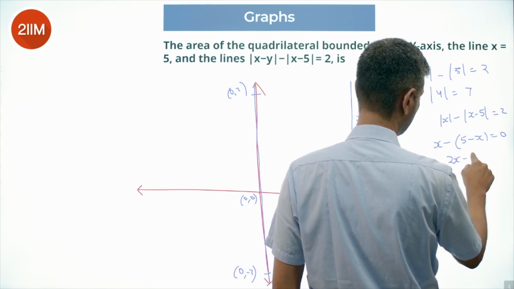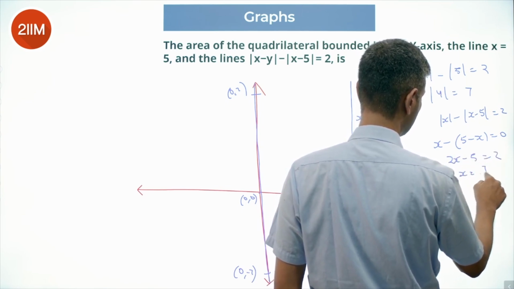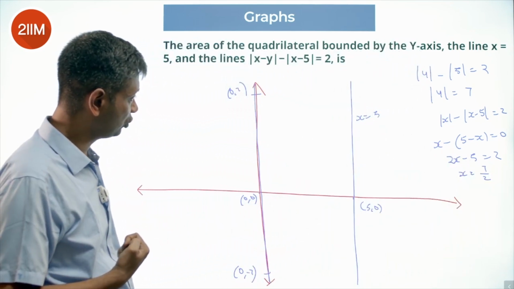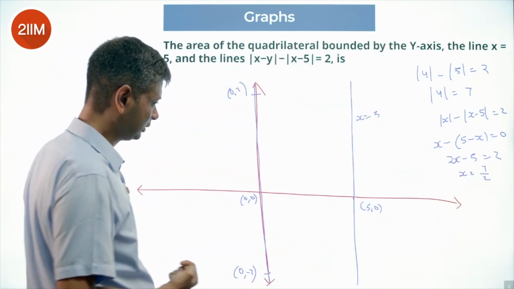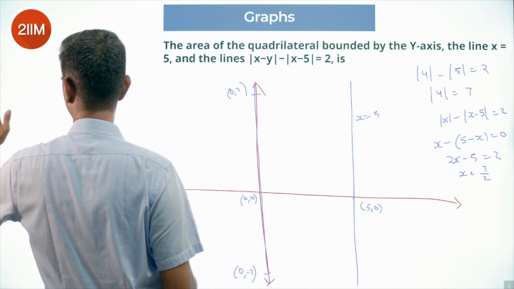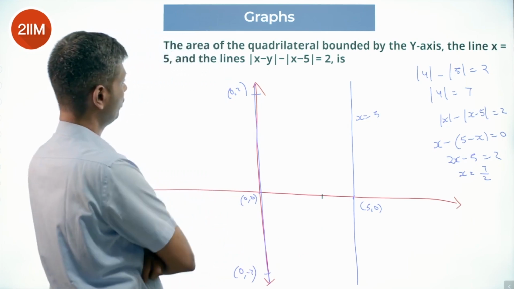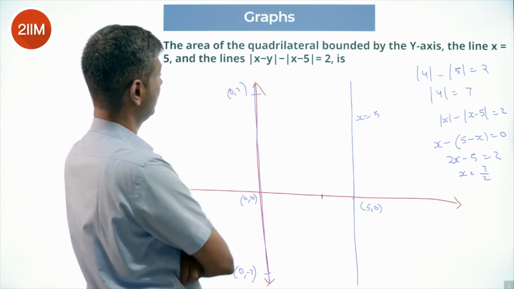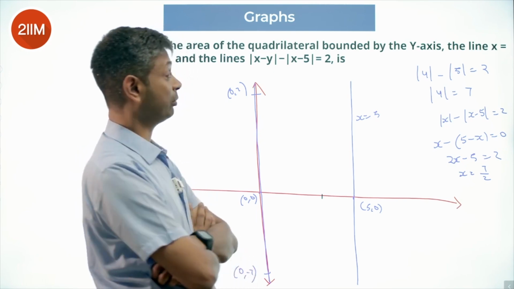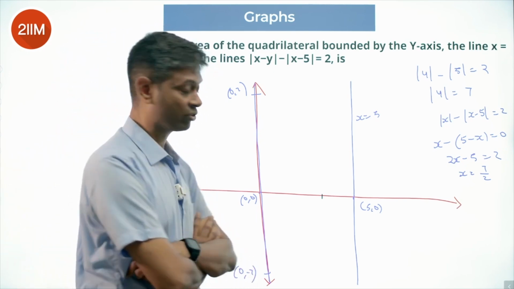Sorry, 2x minus 5 equal to 2, 2x is 7, x is equal to 7 by 2. 7 by 2 comma 0, 3.5 comma 0, somewhere here it cuts. So x equal to 3.5, y equal to 0. 3.5 minus 5 is minus 1.5, 3.5 minus 1.5 is 2, yeah, that works. 7 by 2 comma 0, that's where it cuts.